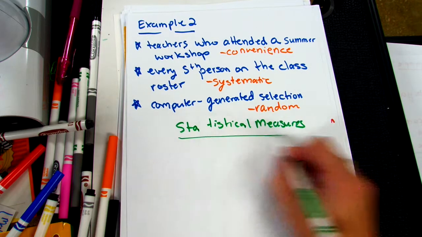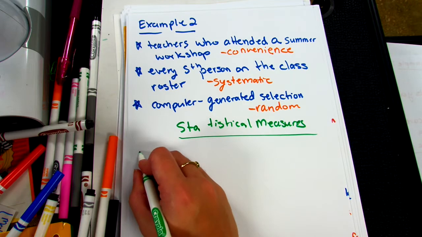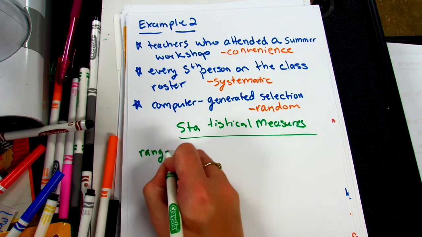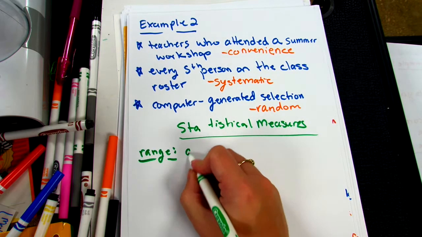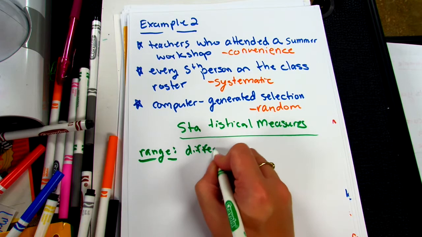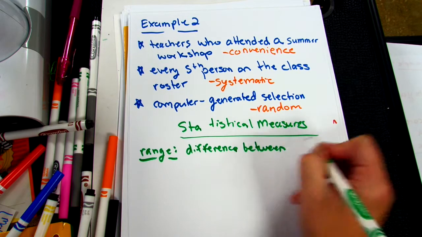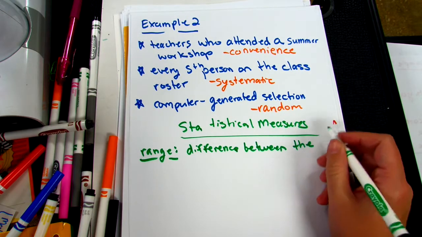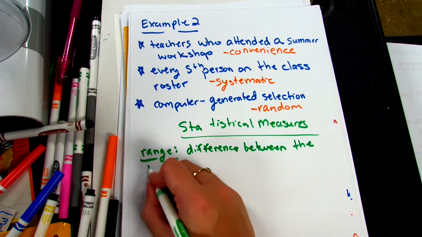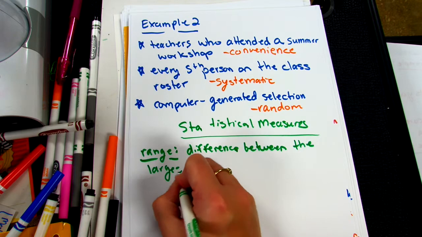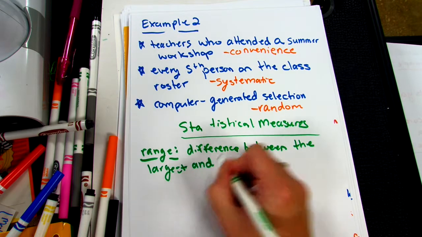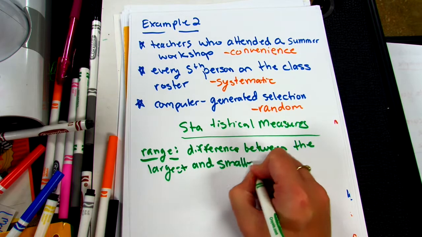There are 4 types. There is range, which is the difference between the largest number and smallest number. So that's your range.